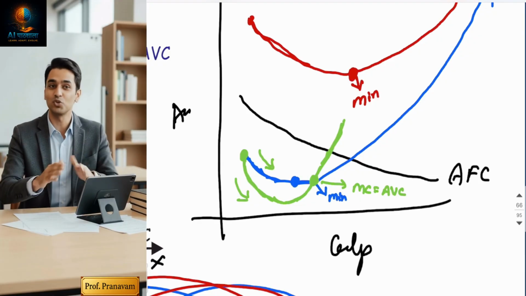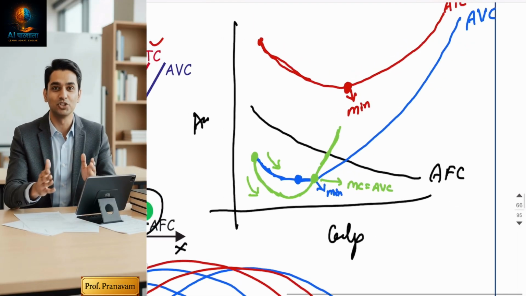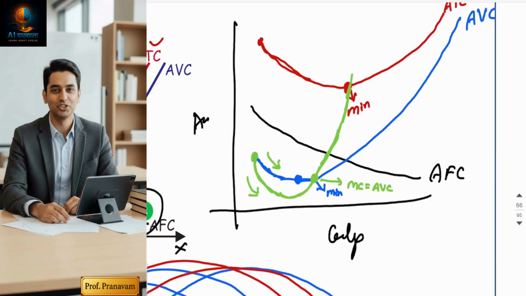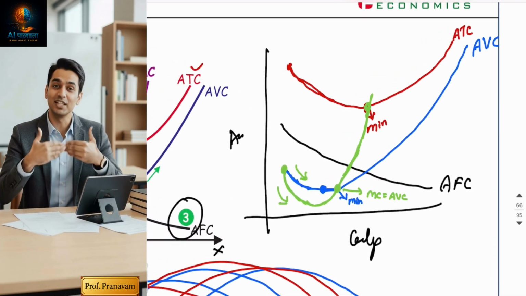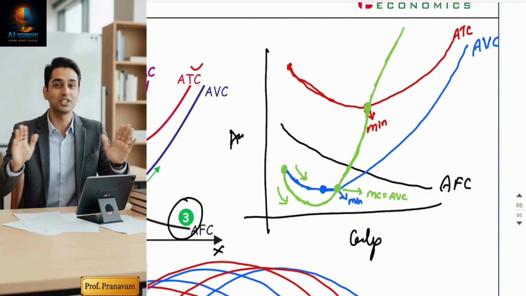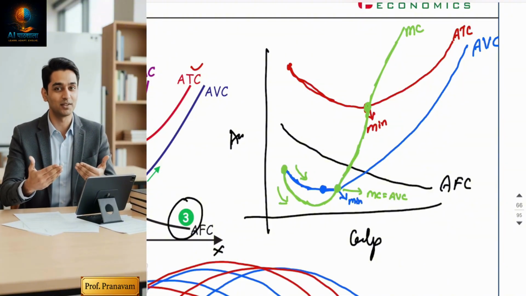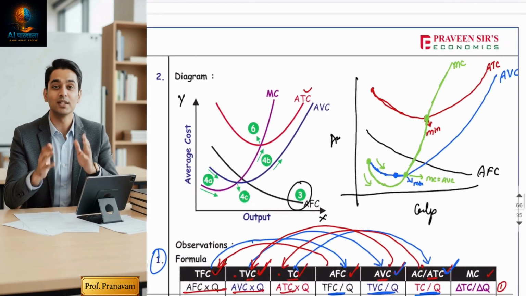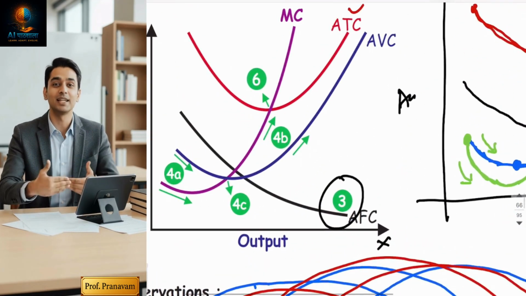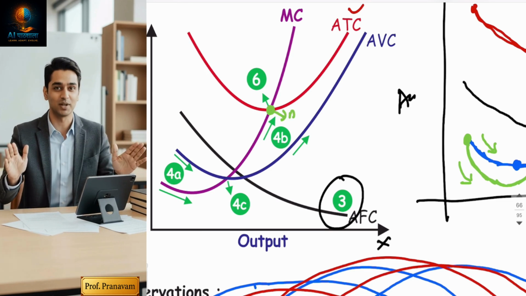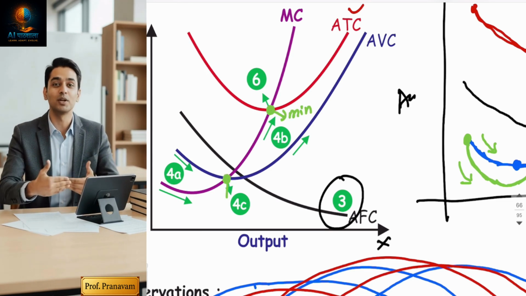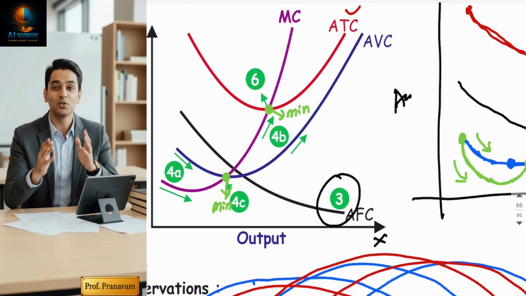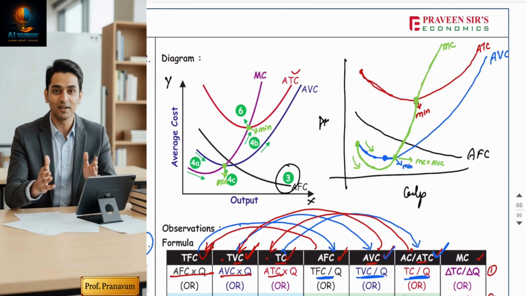It keeps on increasing as output increases, and marginal cost will also cut the average total cost at its minimum point, and it will go above the average total cost. So this is how the diagram has been created. See, marginal cost cuts ATC at its minimum point, and AVC also at its minimum point. Hope you got it.